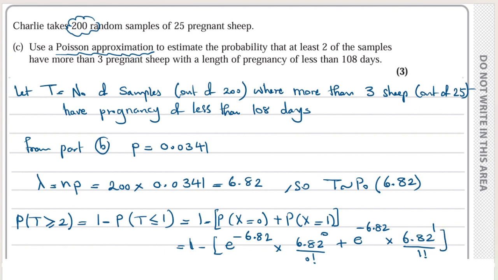And after plugging it into the calculator, we'll get 0.991 to 3 significant figures.